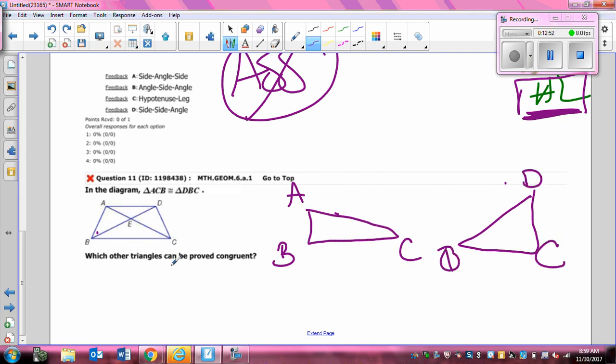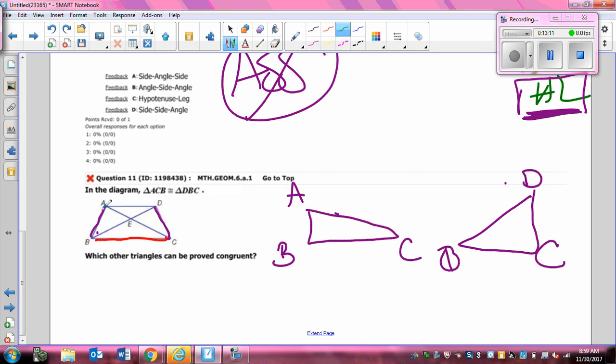And then what other triangles can be proven congruent? Well, if you're telling me that this side is congruent to this side, everything about them is congruent. Every corresponding side and angle is congruent. And they're sharing this common side.